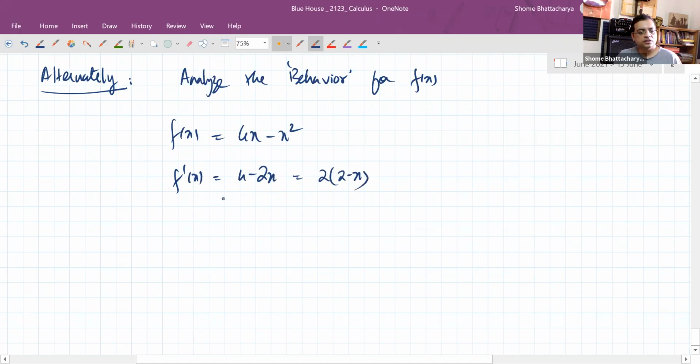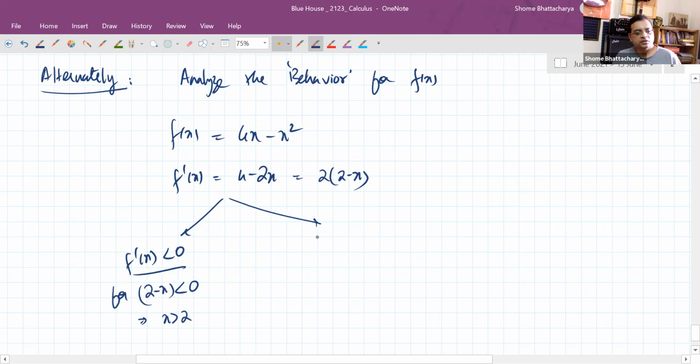So we can see that the function's derivative is negative for 2 minus x being negative. So that means x being greater than 2. And the function's derivative was positive for 2 minus x being greater than 0. That means x is less than 2.